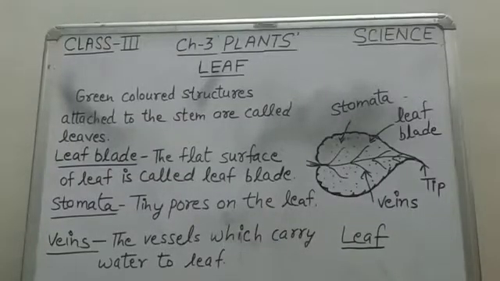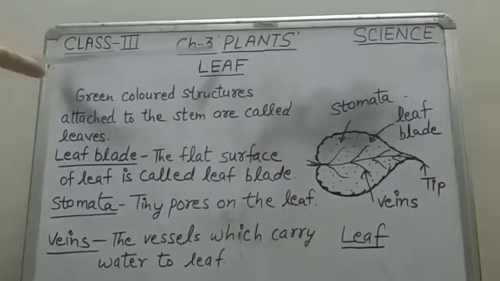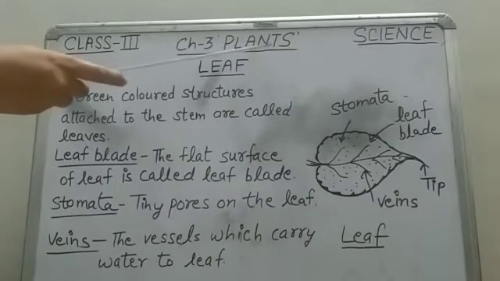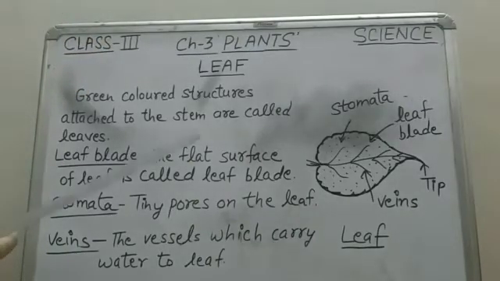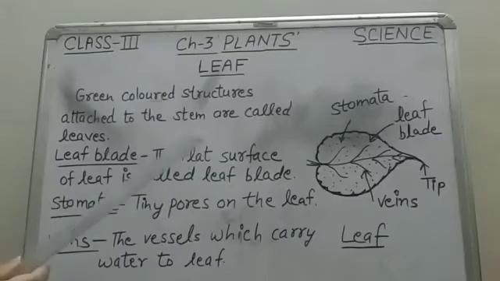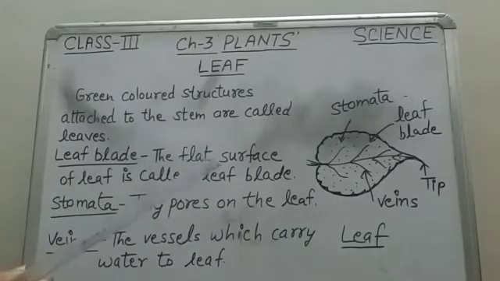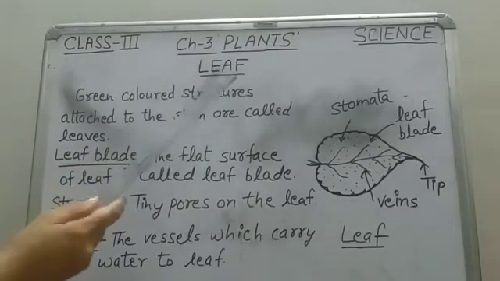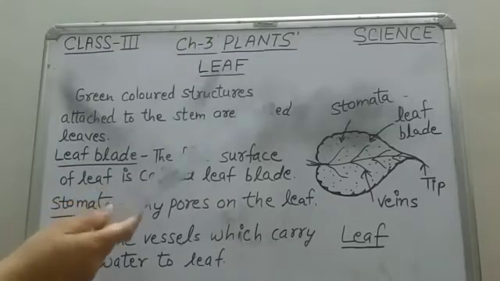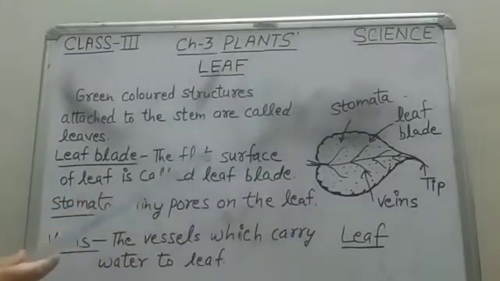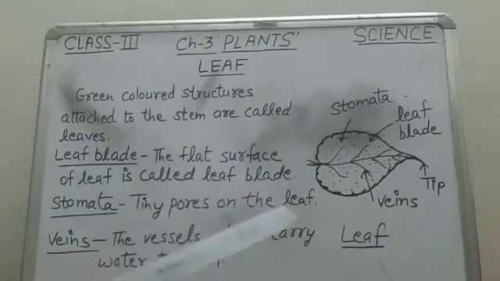So now we will continue our chapter 3, plants. And as we were discussing about the parts of the plant, our next part of plant is leaf, which is a part of the shoot system. Okay, what are leaves?